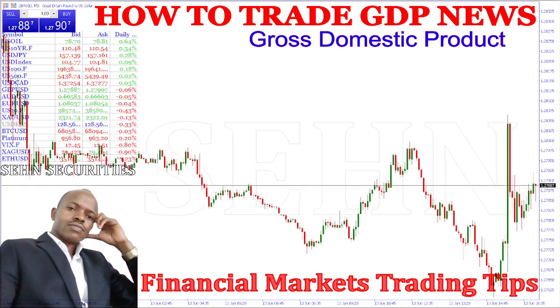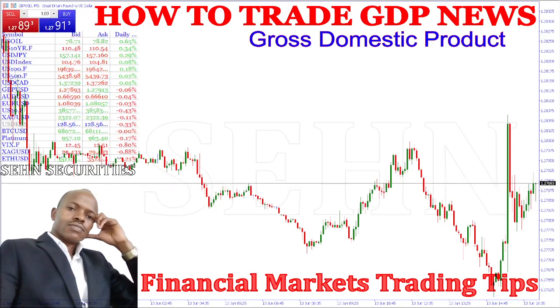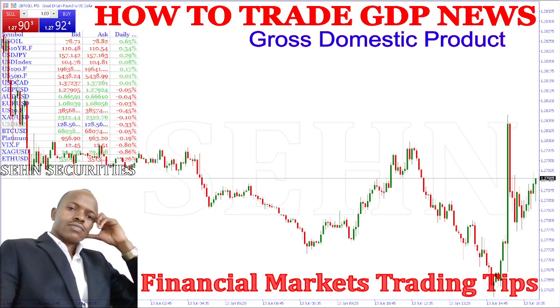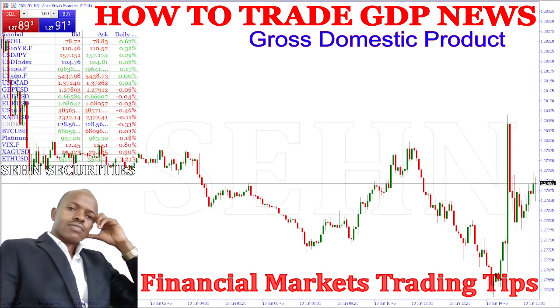You will note that if the United States is experiencing growth while Australia is experiencing a decline, it's anticipated that the United States currency will strengthen in relation to GDP. This implies that traders may favor buying the United States dollar while selling Australia's currency, that is the Australian dollar.